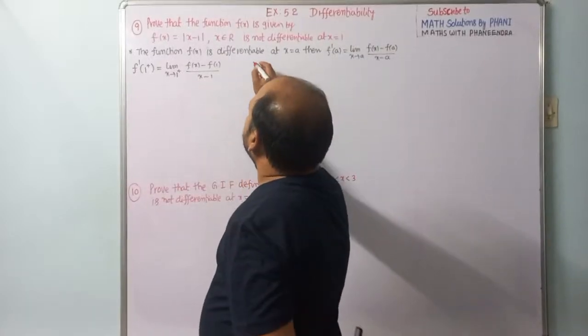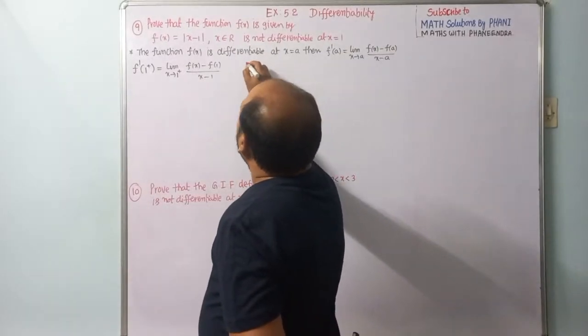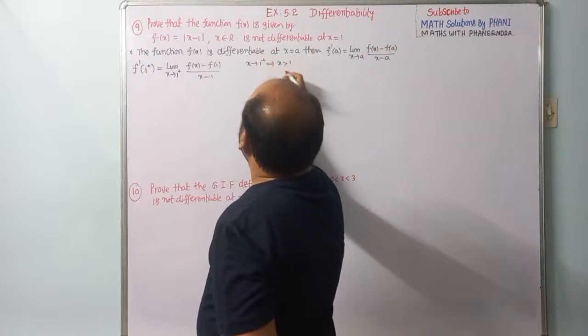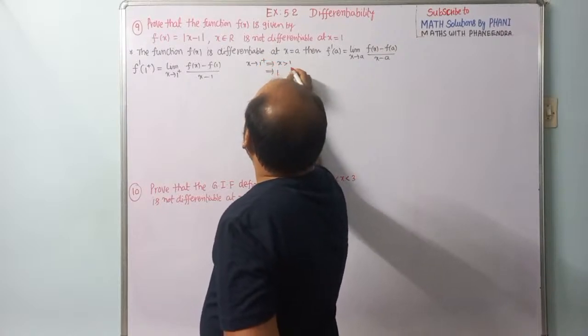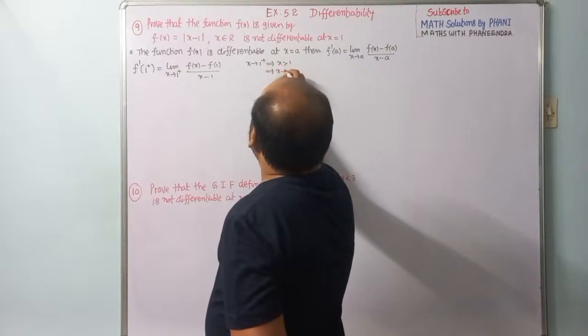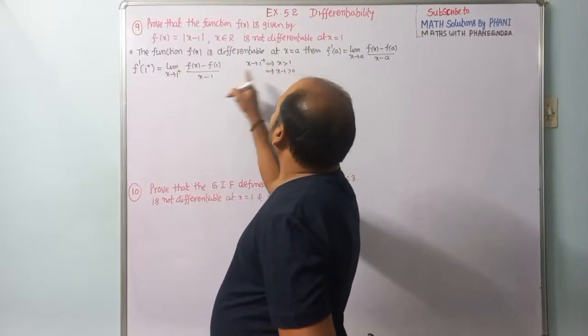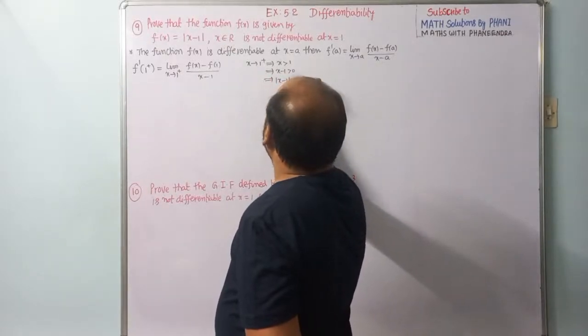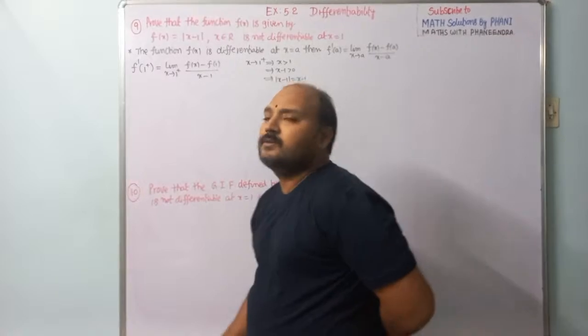Observe carefully, dear students. x tends to 1 plus means x is greater than 1. When x is greater than 1, x minus 1 is greater than 0, so mod x minus 1 we can write as x minus 1 simply.